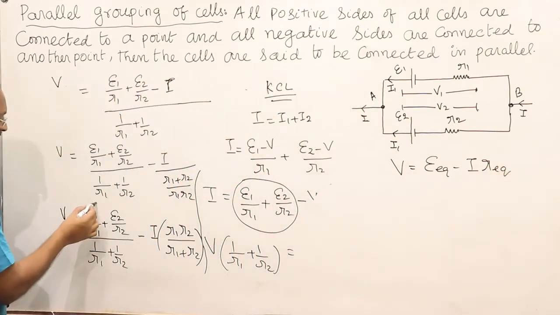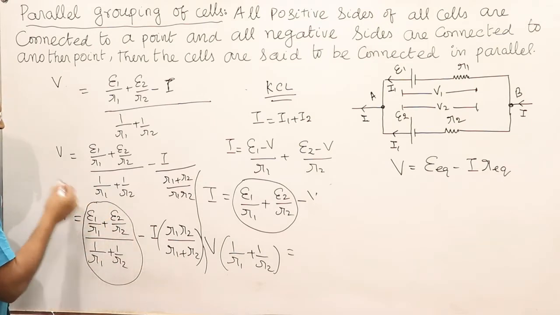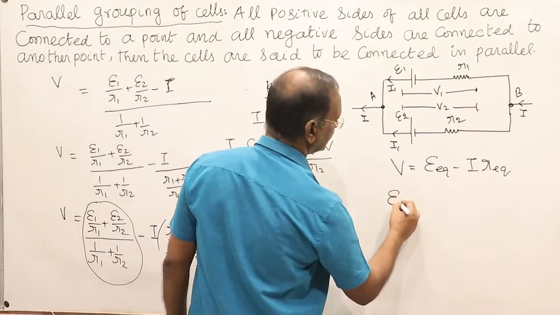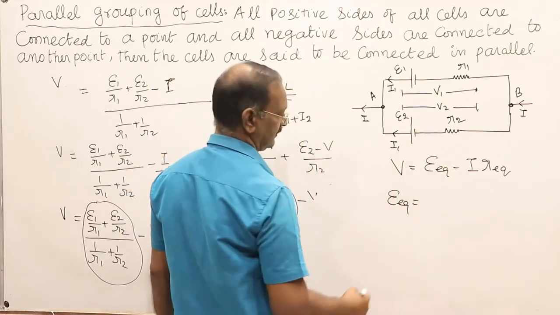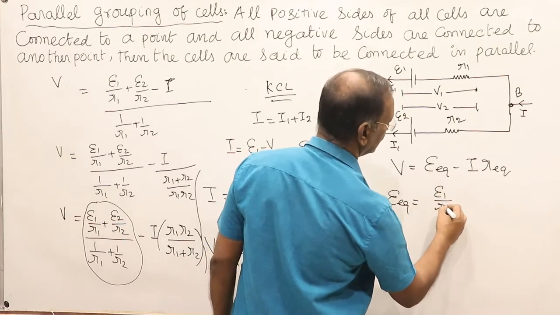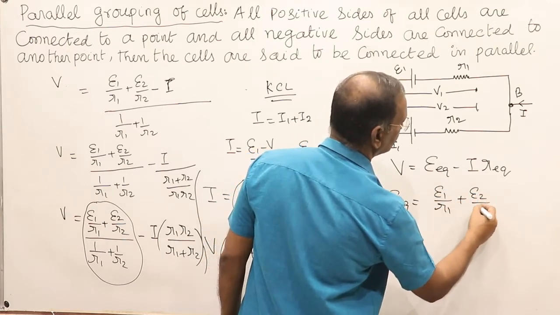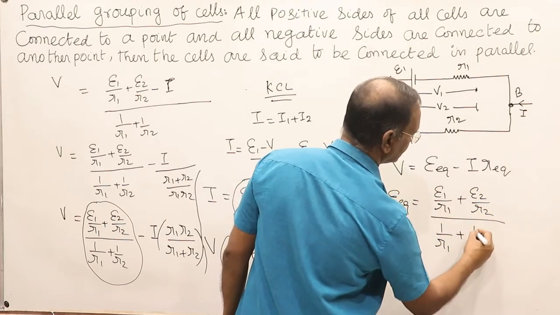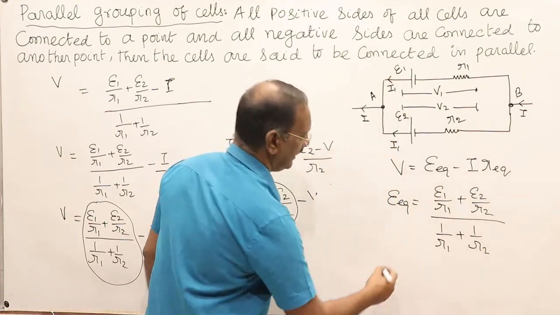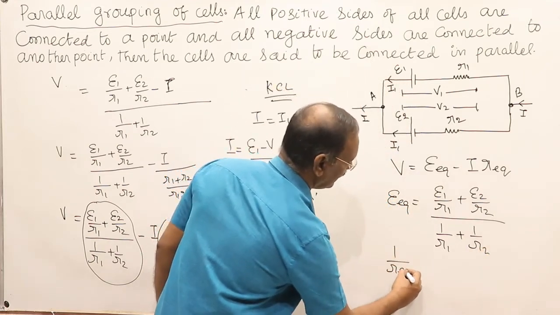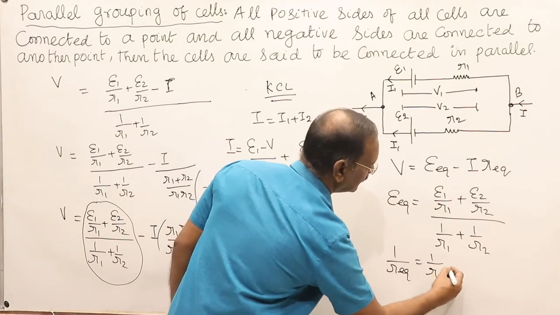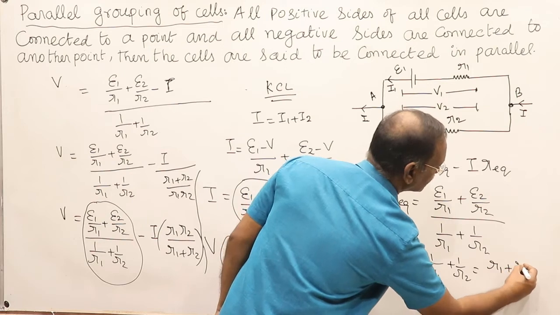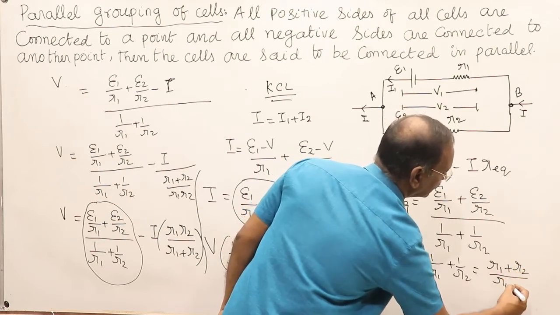Comparing these two equations, the EMF equivalent of this entire circuit can be written as E1 by R1 plus E2 by R2 divided by 1 by R1 plus 1 by R2, and 1 by R equivalent is equal to 1 by R1 plus 1 by R2, which is R1 plus R2 by R1 R2.